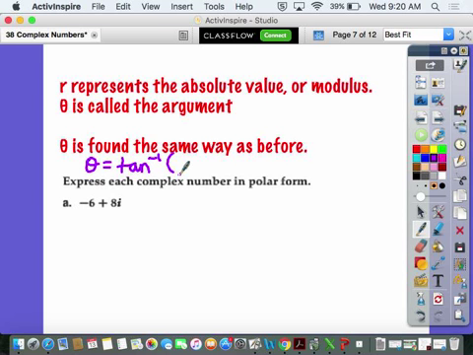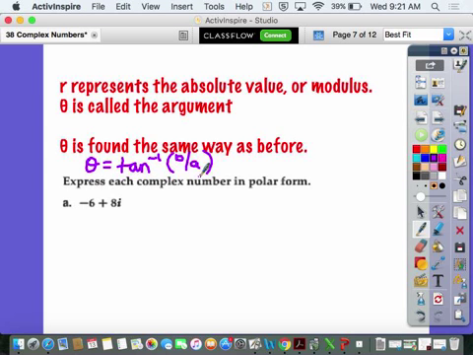And we did y over x, but this time we're going to be doing b over a. We've done b over a with tangent inverse before. It all blends in together, guys. It really does. Okay? So if they ever ask you to find the modulus, they're talking about r. So do not let that terminology trip you up.